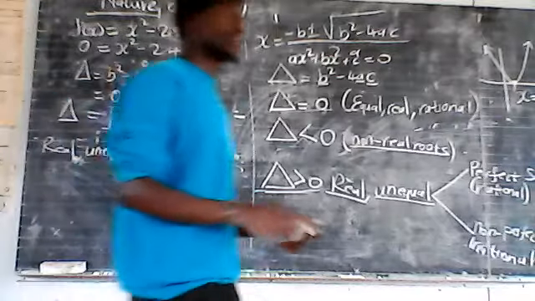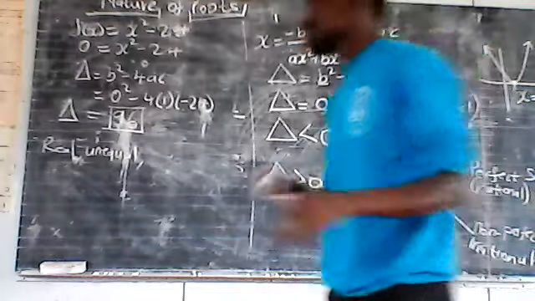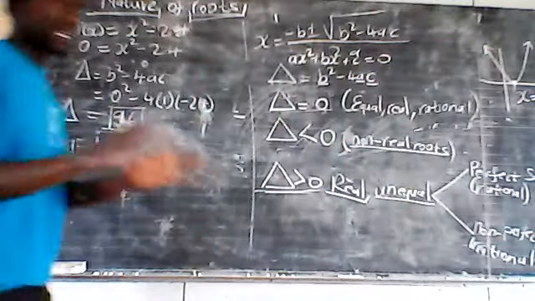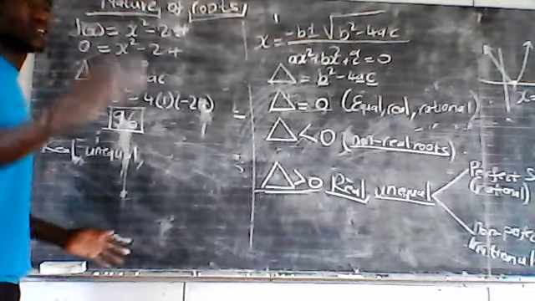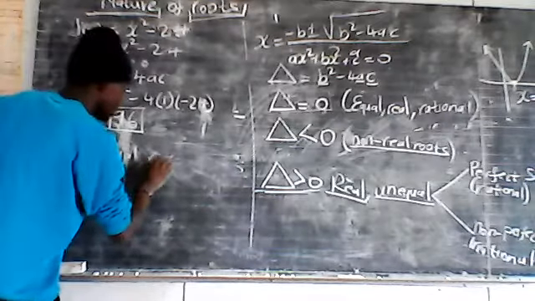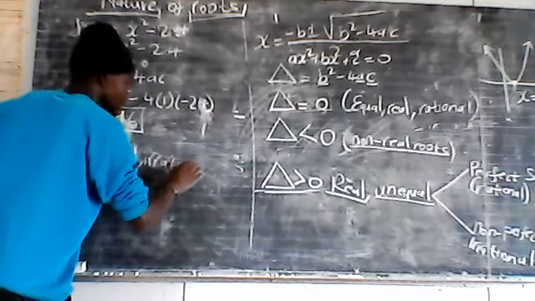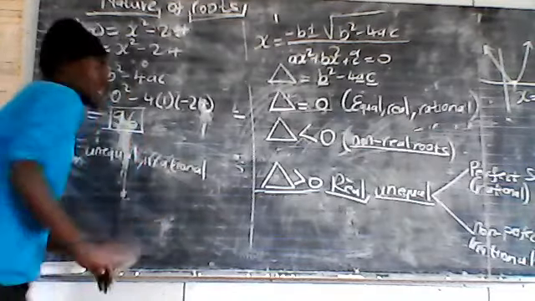I don't have a calculator, but from what I know, 96 is not a perfect square. So it will give you something that cannot be written in the form of a fraction. So you deduce that your roots are irrational in this case. That is how you predict, guys.